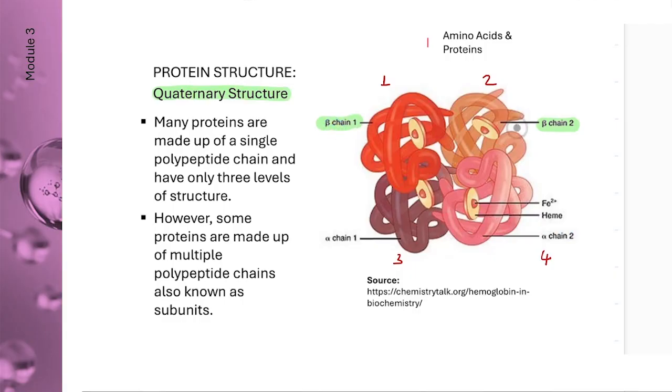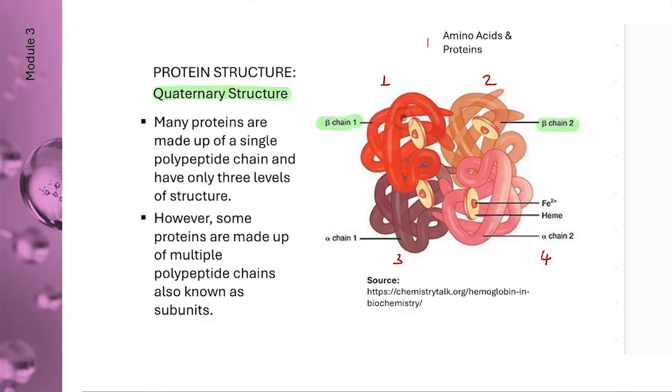But the key thing that makes this a quaternary structure of a protein is that within each chain there are foldings, based on the different amino acids that make up the polypeptide chain, based on the hydrogen bonds and other bonds that lead to the atoms in the amino acids forming a folding.